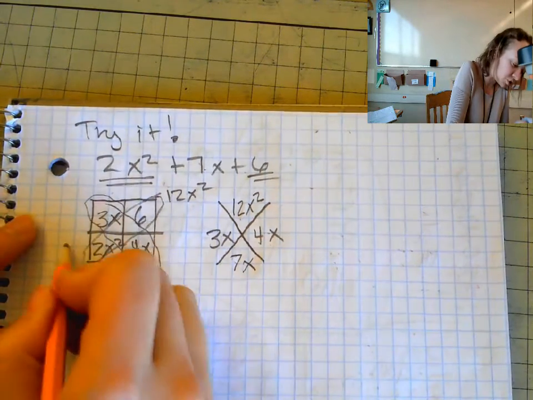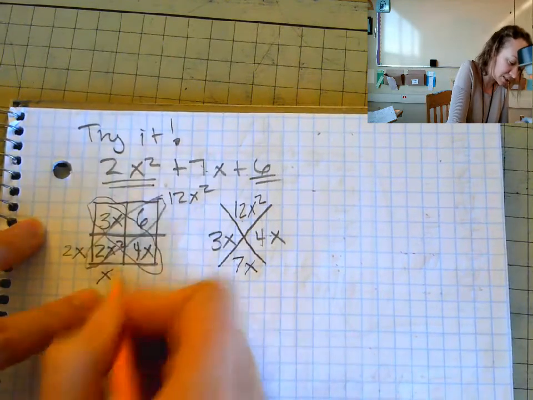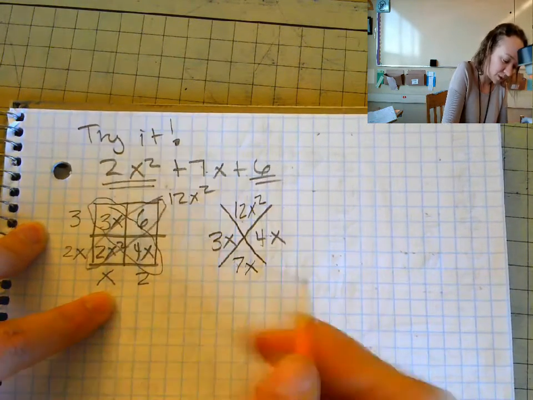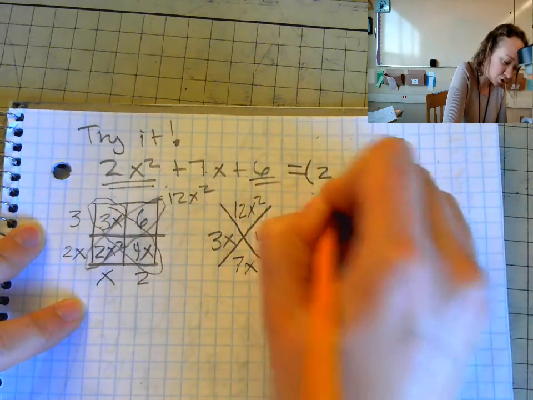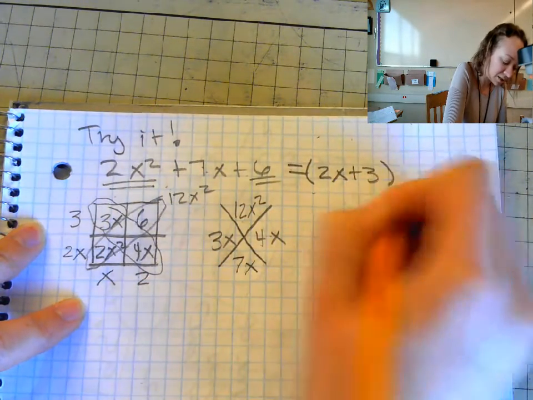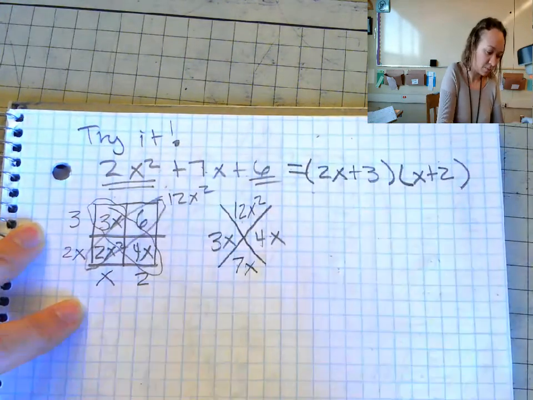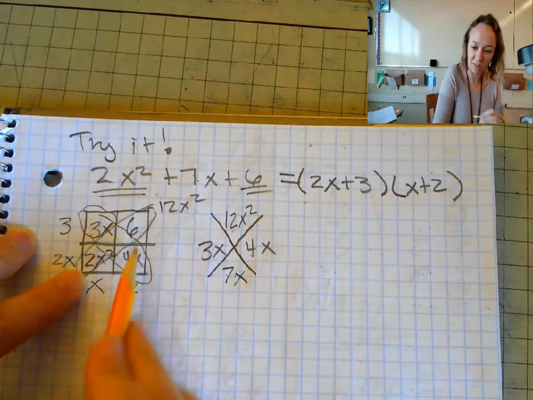So this must be a 2x, which means this must be just an x. This is an x, this must be a 3, and this must be a 2, which means that my factored form is 2x plus 3 times x plus 2. I can check my work by making sure that that works. 2x squared plus 7x plus 6.